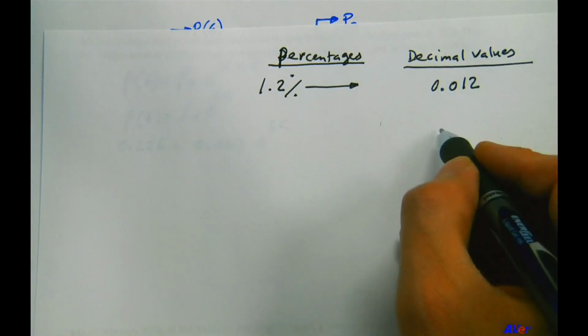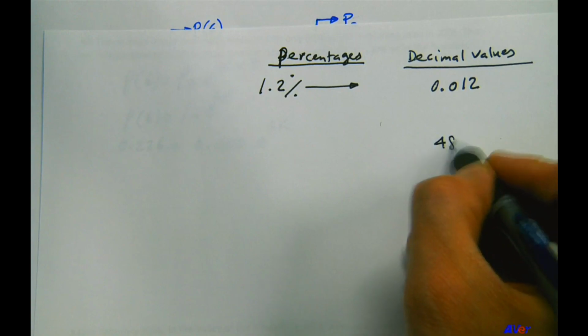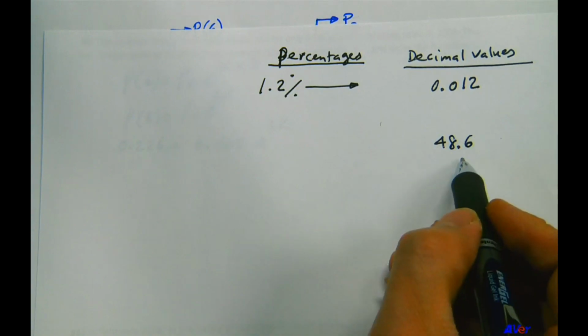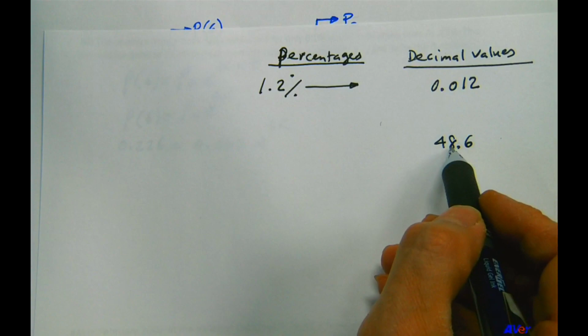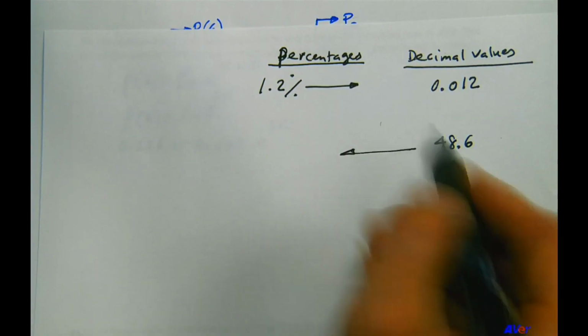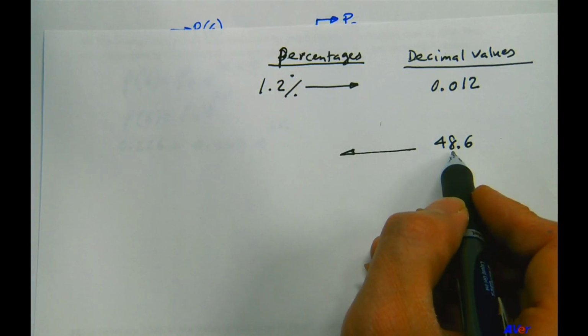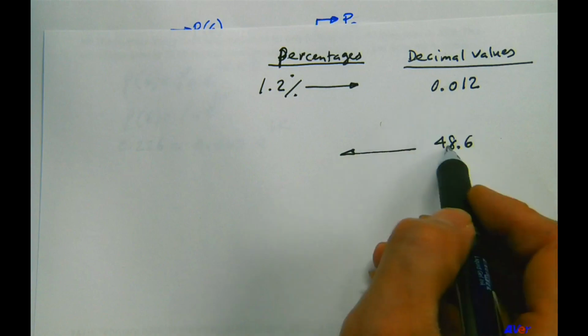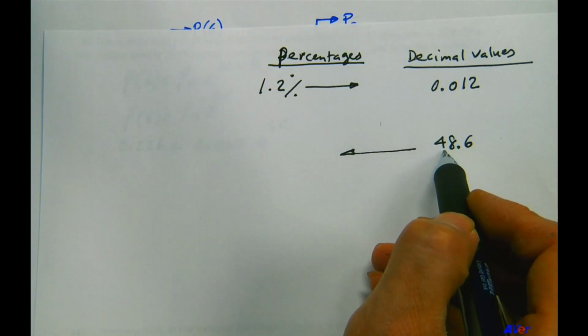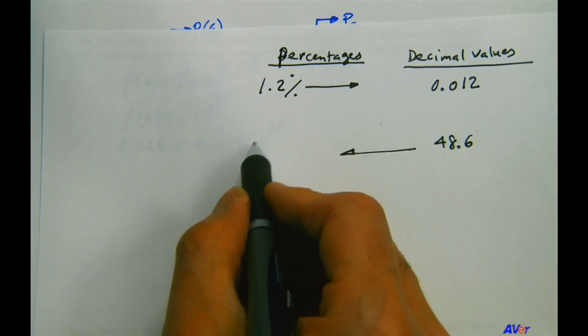Now, if you are given something in decimal value, let's say 48.6, to convert this to percentage you would have to multiply by 100.